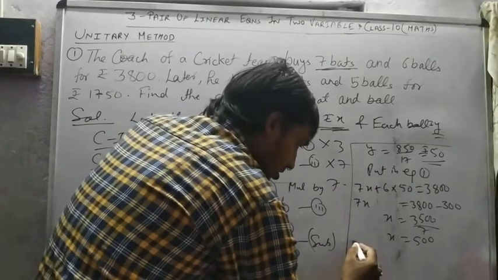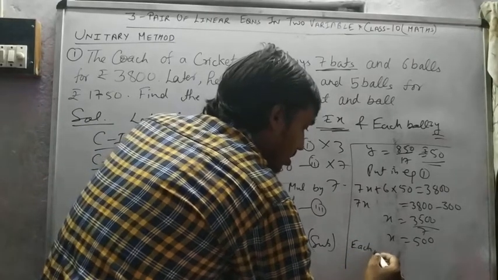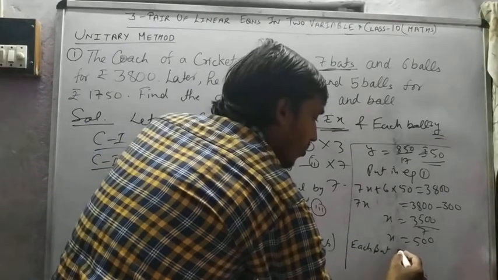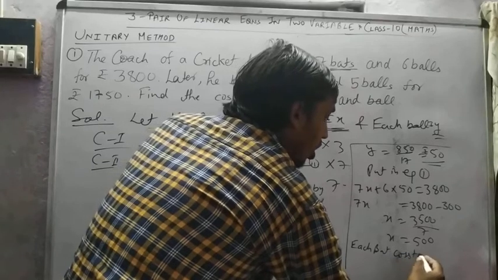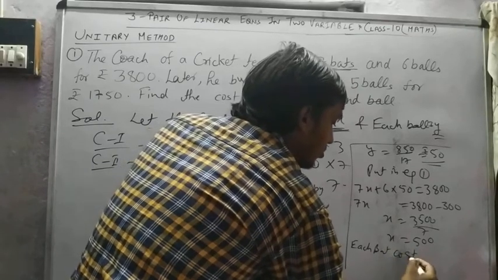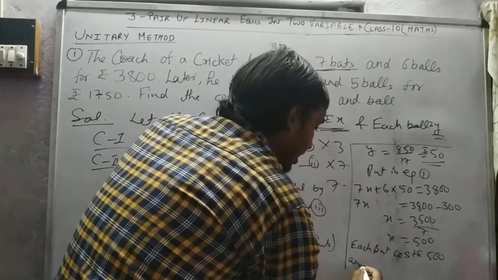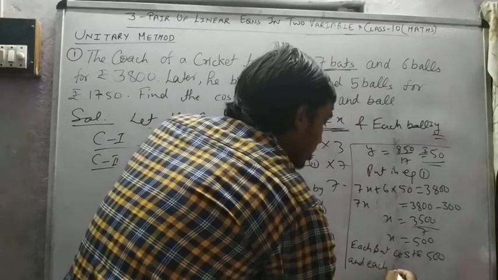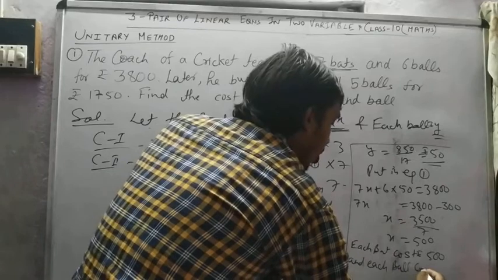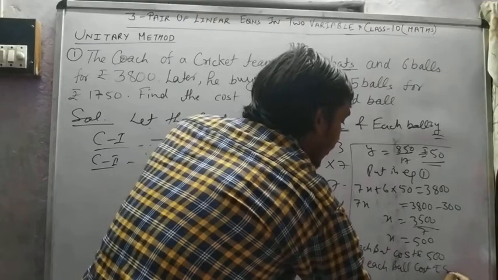Means each bat costs 500 rupees and each ball costs 50 rupees.